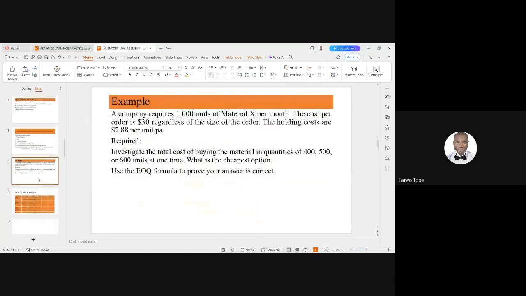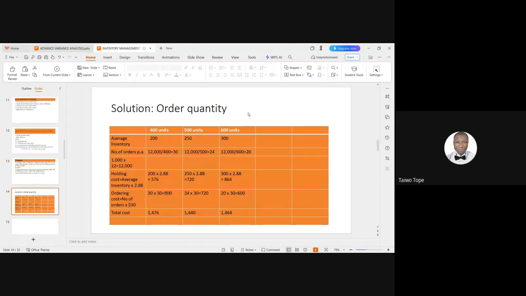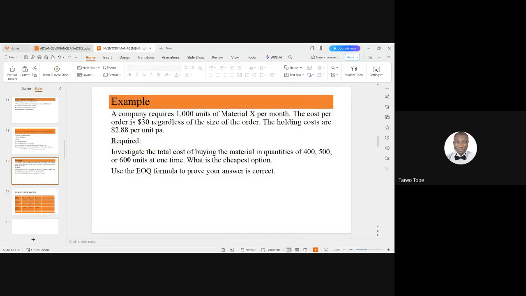Going back to the question, required: investigate the total cost of buying the material in quantities of 400, 500, or 600 units at one time. What is the cheapest option? The cheapest option is when you buy 500 units. Then use the economic order quantity formula to prove your answer is correct.